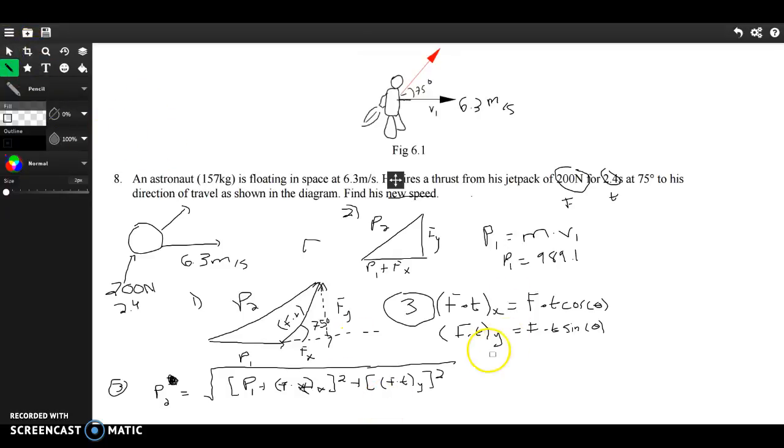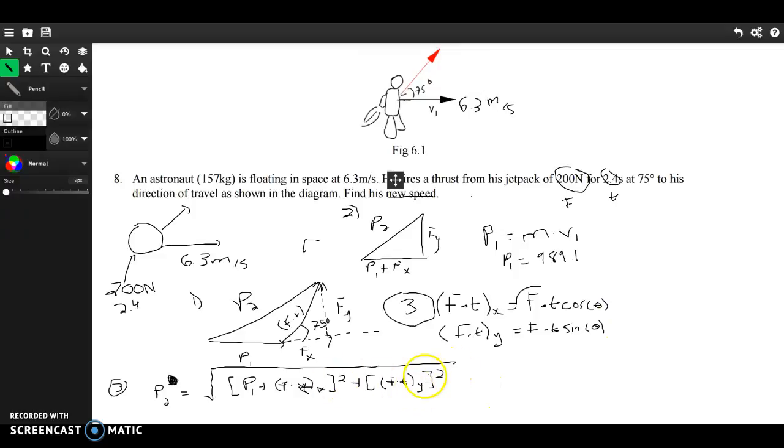So now you have enough information to solve this equation that we've made at the bottom. All right, so you can do this by yourself. For momentum, you're going to want to plug in 989.1. For F times t of x, we already have that derived over here. So it would be 200 times t times cosine 75. And then that entire thing is squared. Plus F times t of y, which would be F times t sine 75 again. And all that squared.